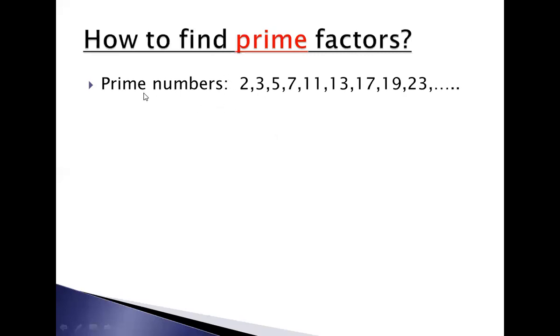You will start from the lowest, 2, then move on to 3, 5, 7, 11, 13, 17. You will not use 4, 6, 8 because they are not prime numbers. You will only choose prime numbers.